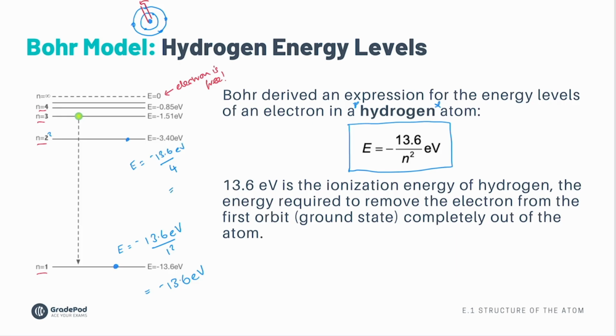And that gives us a value of minus 3.4 electron volts. So if an electron is in that energy level, that's how much energy it's got. And so on. We can do the third one. E is equal to minus 13.6 electron volts divided by 3 squared, which is 9, and that gives us minus 1.51 electron volts. Bohr was able to allow us to calculate exactly how much energy each electron has in these energy levels.